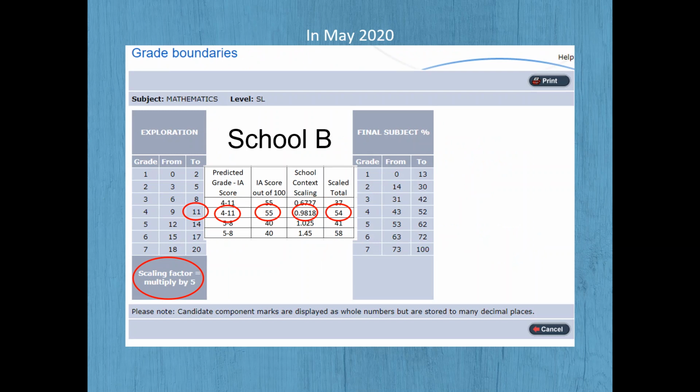That's a 54, and that's a 5. So, you notice that the scaling factors for the same combination at both School A and School B are dramatically different. Why?